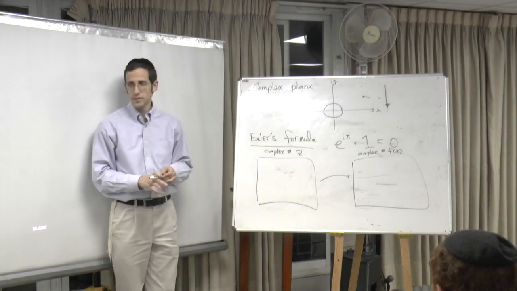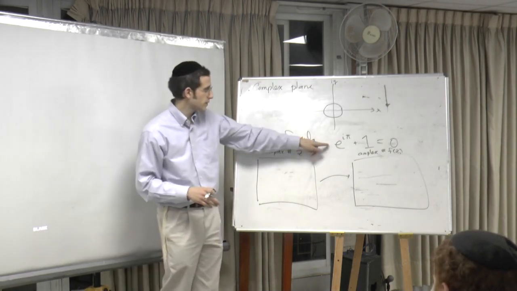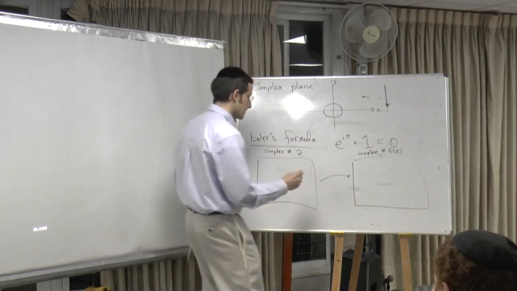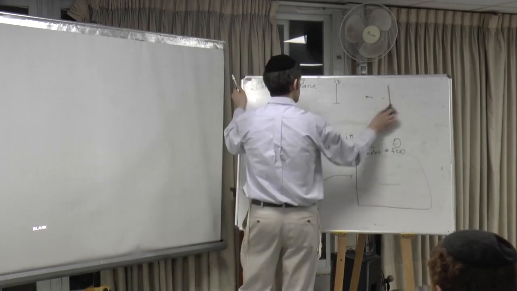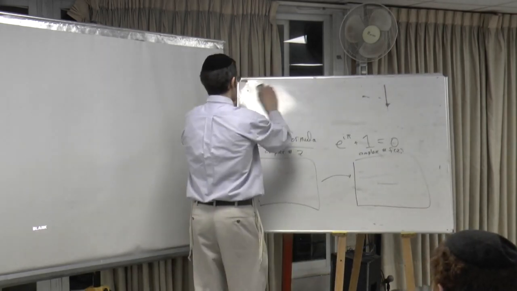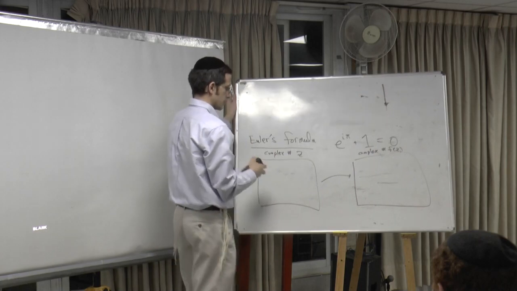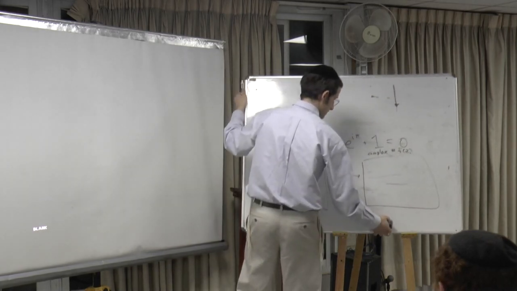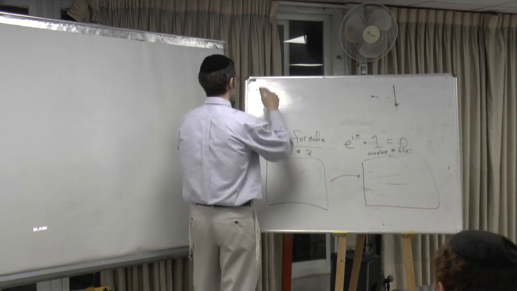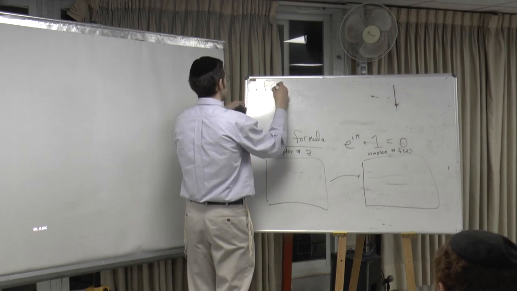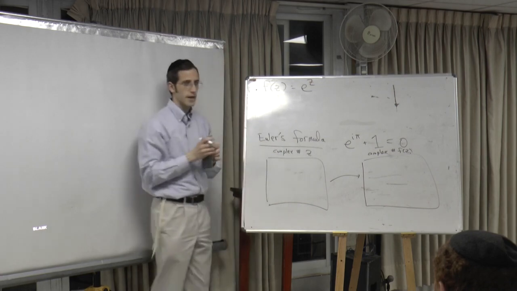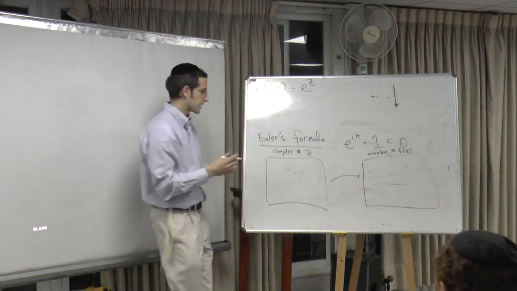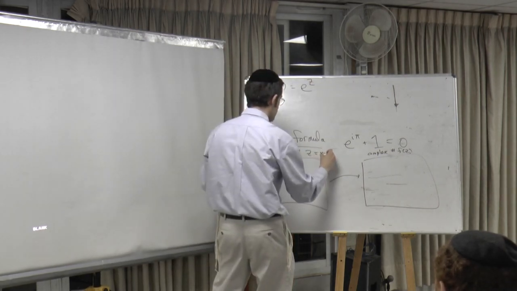The one which we're interested in for the purpose of understanding this formula is, of course, the one that takes f of z equal to e to the z. Okay, so think z is equal to x plus iy.